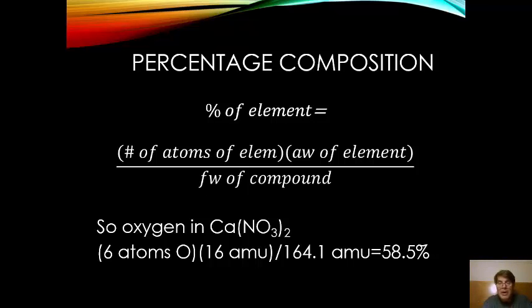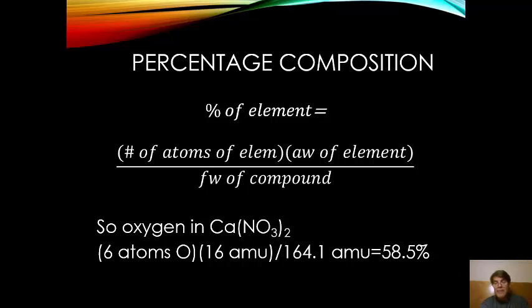So in one of the exercises in this section, they added up to find the formula weight of the whole thing. Calcium plus 2 nitrogens plus 6 oxygens, and it adds up to 164.1 atomic mass units. So if we divide 6 times 16, the total oxygen atomic mass units in this thing, by the total atomic mass units of all of the atoms, we end up with 0.585, which if you multiply by 100 is 58.5%.